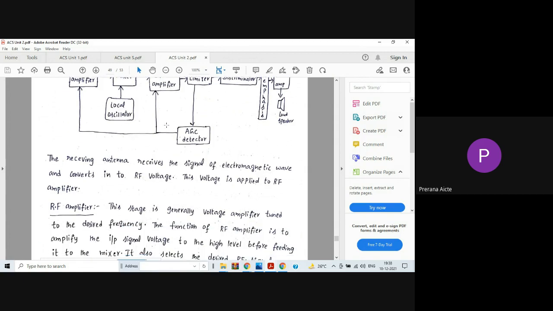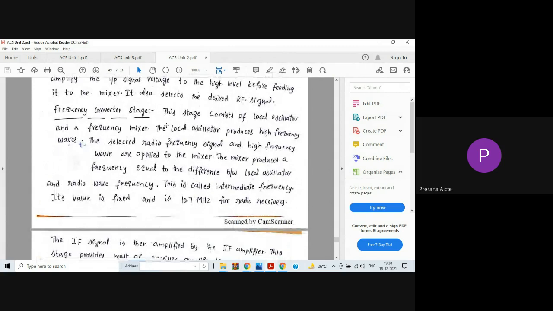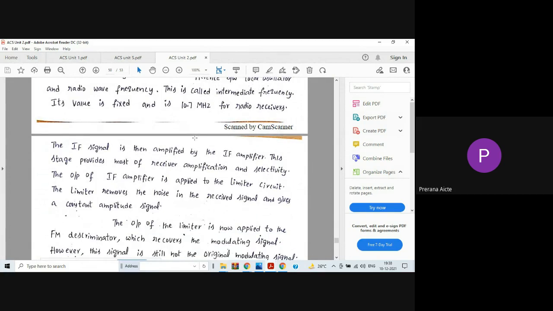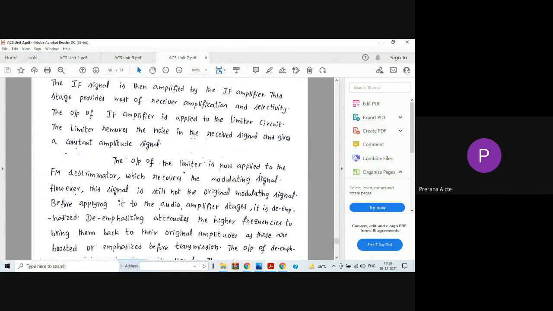Then it is applied to the mixer, so we can get the frequency needed to receive the FM signal. After that it is applied to the IF amplifier, and the IF amplifier output is applied to the limiter circuit. The limiter removes the noise in the received signal and gives a constant amplitude signal.